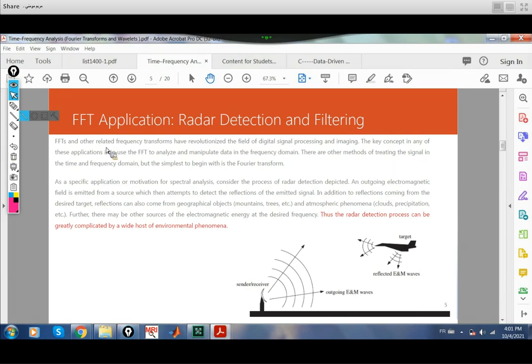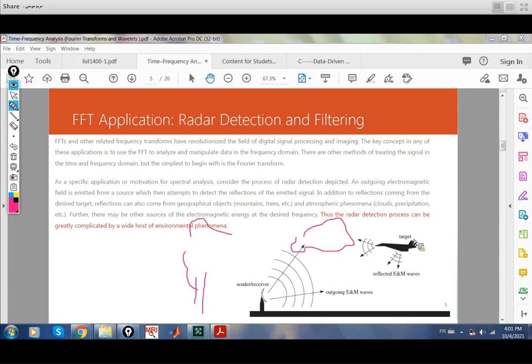But it is too ideal for the real world. We have clouds, we have trees. We have other targets around it. We have some instruments in the space that may also reflect the electromagnetic waves.